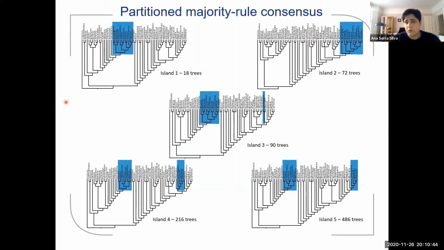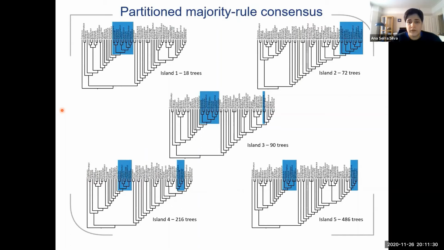While we have used majority rule consensus, it was fairly popular in the mid-90s to early 2000s for botanists to use the partitioned by island strict consensus to explore the incongruence between the tree topologies they were getting. We can see that most trees support an extended Lissamphibia, an extended amphibian group, but most islands actually support the traditionally restricted group.